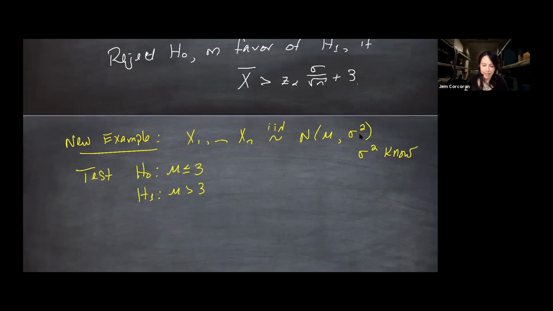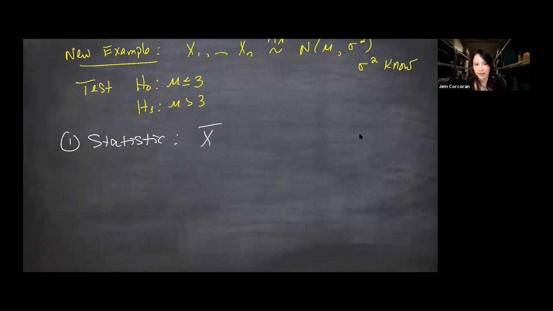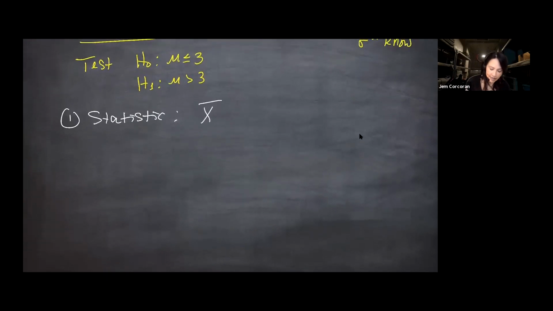You would go through the exact same steps. So step 1, you'd come up with a statistic, and you would take probably an estimator of mu. In class, I will tell you what the statistic is. Step 2 is the form of the test.